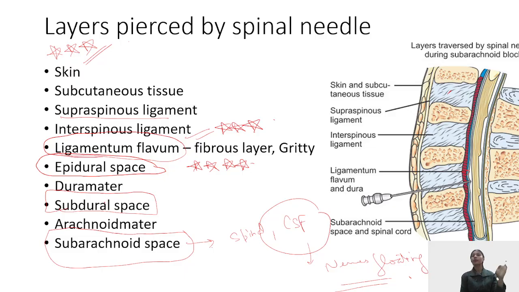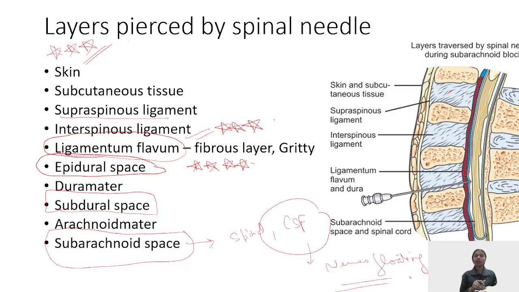It percolates slowly into the CSF, blocking the spinal nerve roots. So a large volume of drug is used, and the onset will be very slow because it takes time for the drug to percolate from the epidural space to the spinal nerve roots.